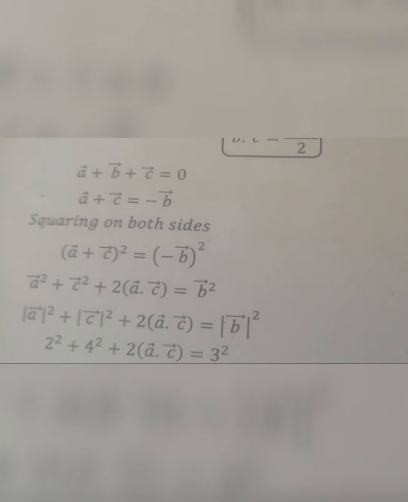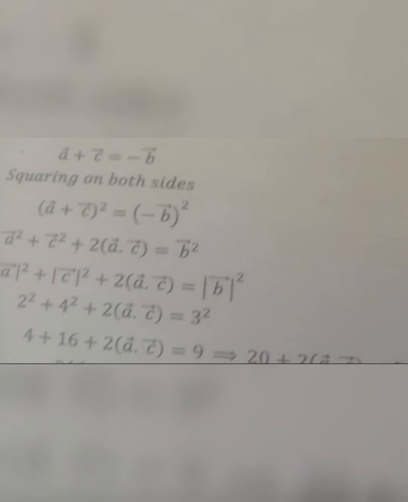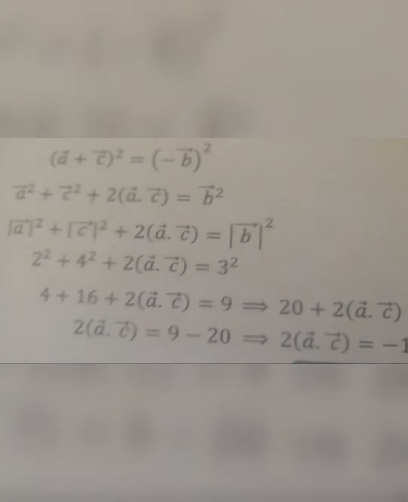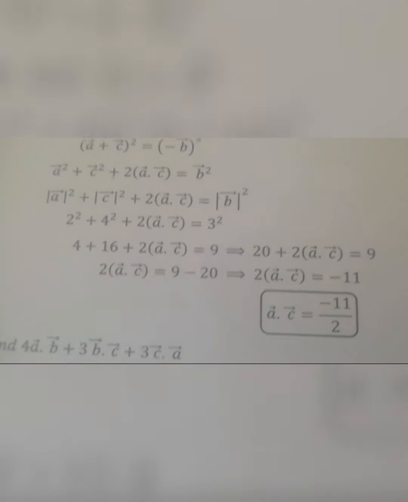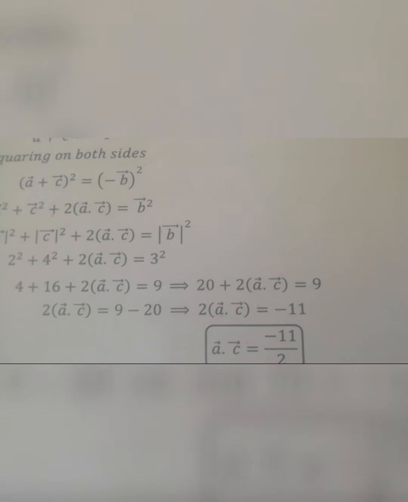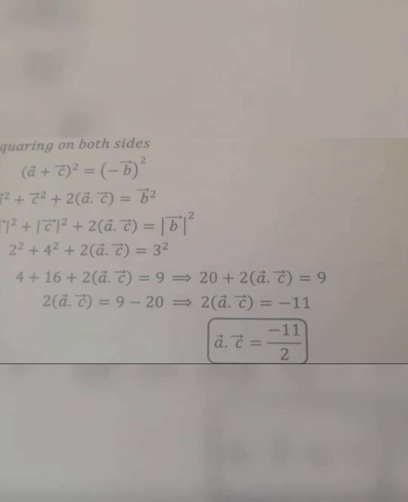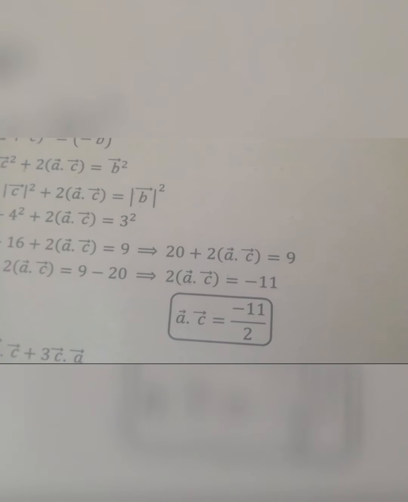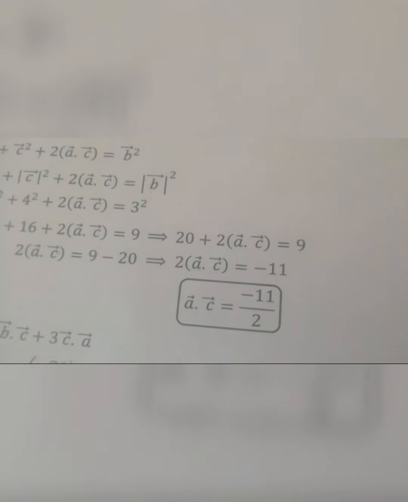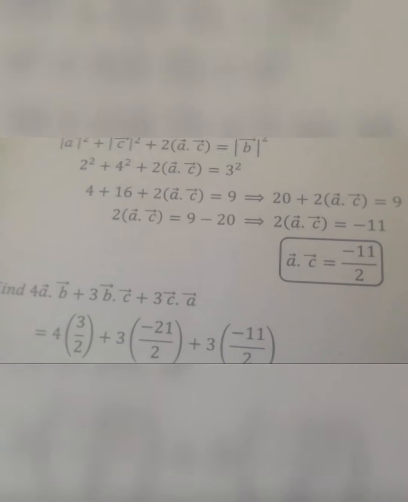So A vector square plus C vector square plus 2A vector dot C vector equal to B square. A vector square can be written as modulus of A square plus modulus of C square plus modulus of B square. So 2 square plus 4 square plus 2 vector A dot C equal to 3 square. 2 square 4, 4 plus 16 is 20 only. 20 comes this side means 9 minus 20 is minus 11. So minus 11 by 2. What is A dot C? Minus 11 by 2.